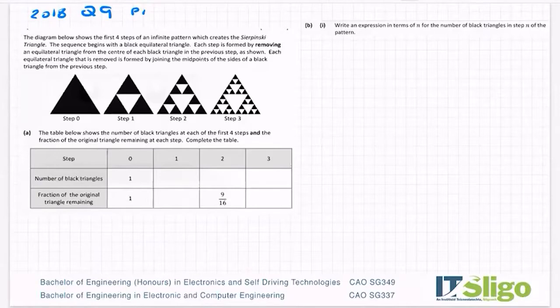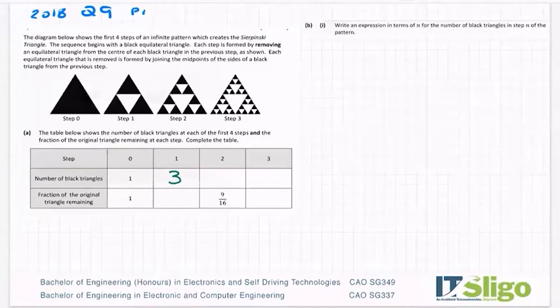Complete the table. Step 0, okay, that's easy enough. Number of black triangles, 1. Fraction of the original triangle remaining, 1. So it's 100% there. Okay, number of black triangles in step 1: 1, 2, 3. A fraction of the original triangle remaining.